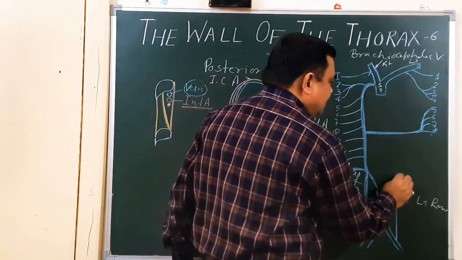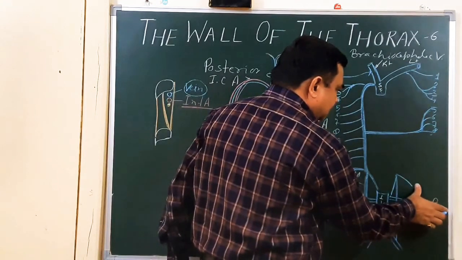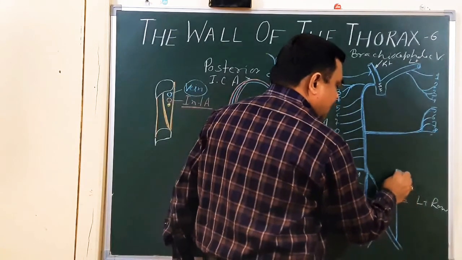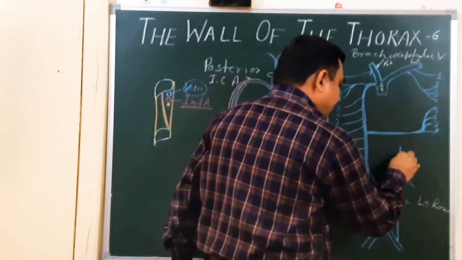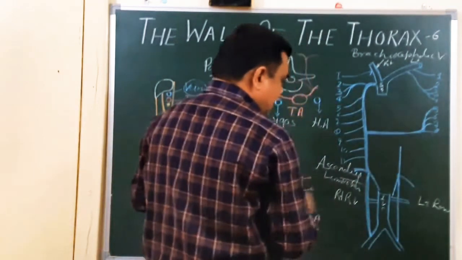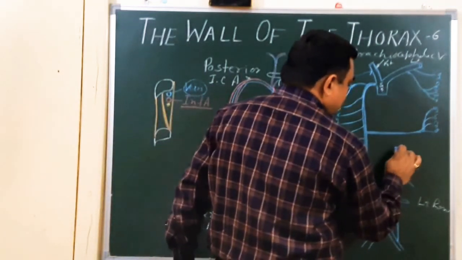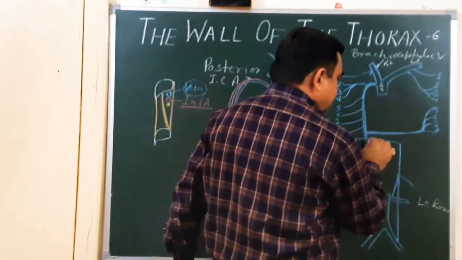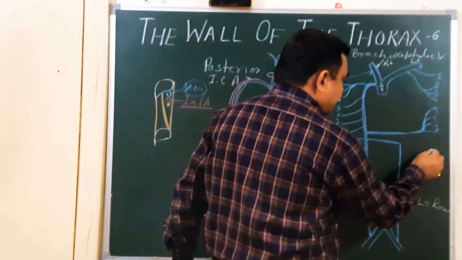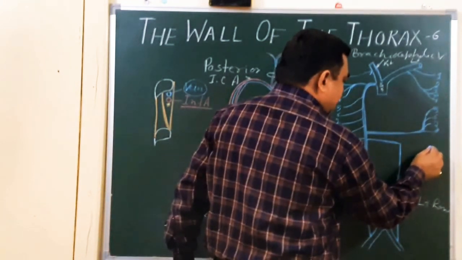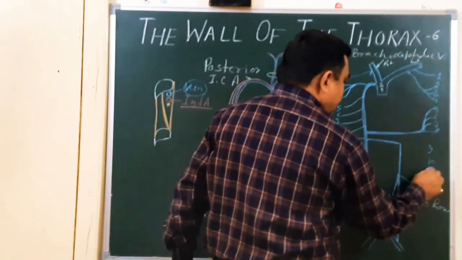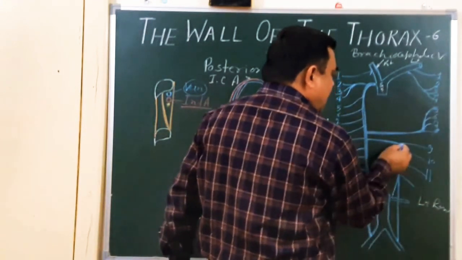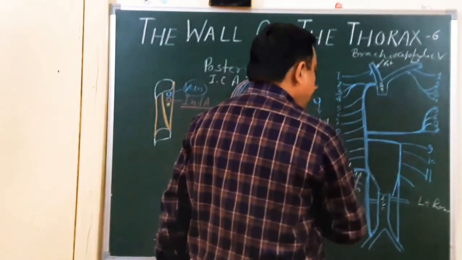These three join to form hemiazygos, which receives 9th, 10th and 11th posterior intercostal vein, and which ultimately drains into azygos vein.